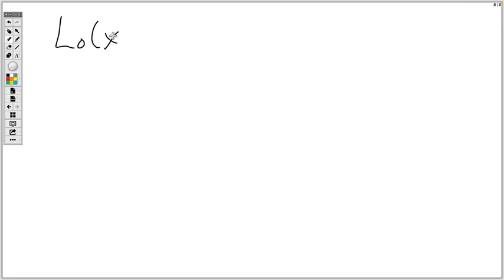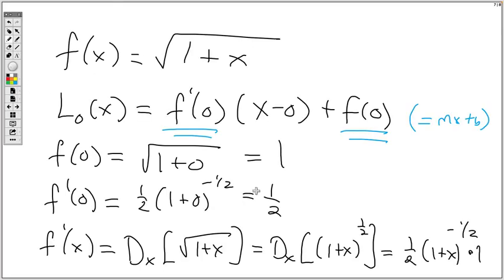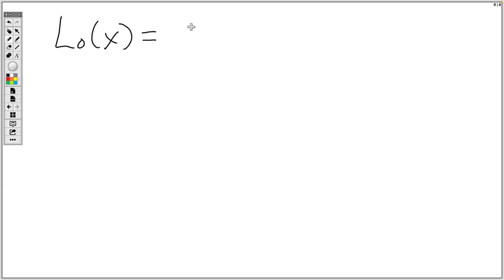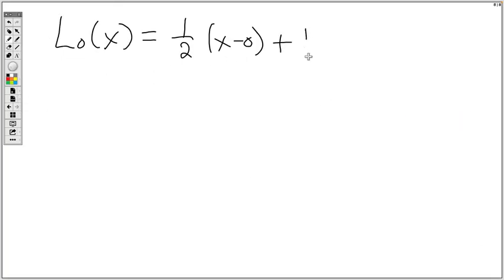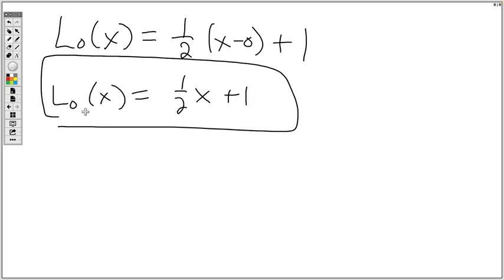All right, so L naught of x equals f prime of 0, which is a half, times x minus 0 plus f of 0, which is 1. So this simplifies to 1/2 x plus 1. And how do we check using Desmos if this really and truly is the tangent line? What should happen?